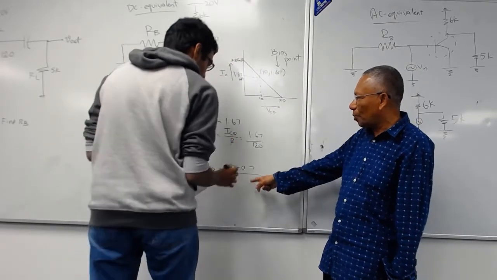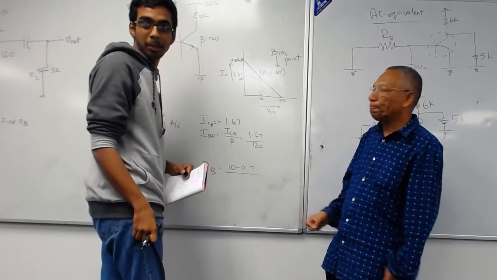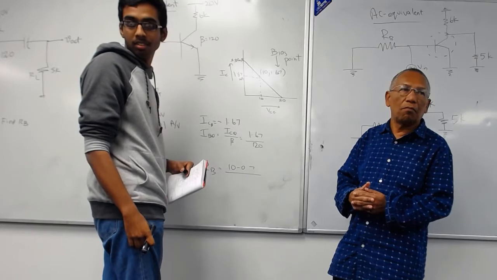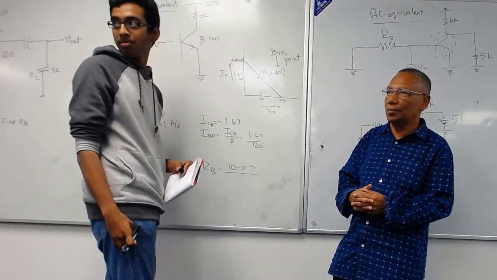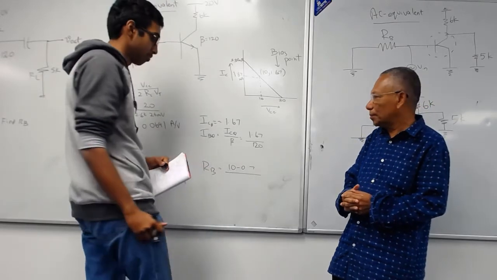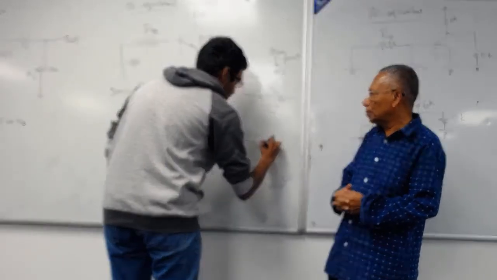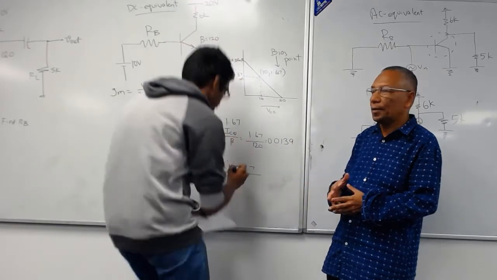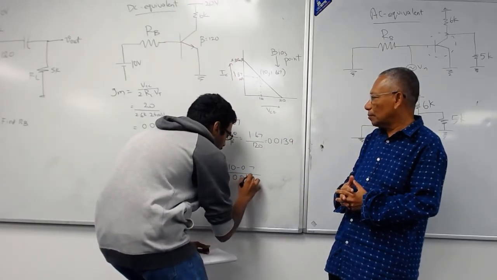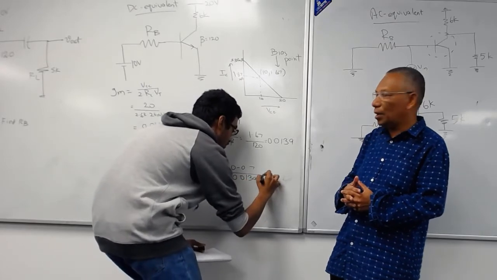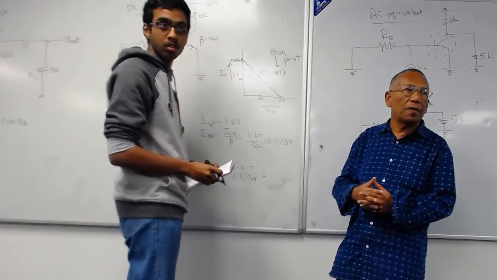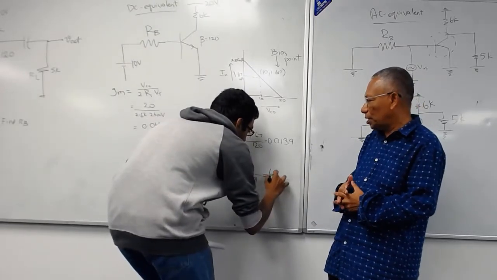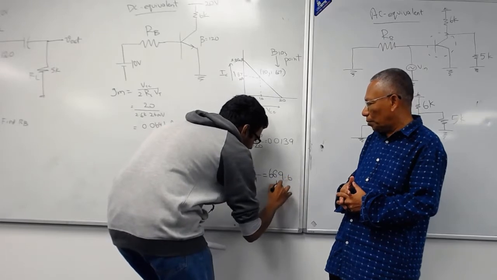How much? 0.0139. Put it here. So how much is RB? RB is 669.6, 669.6 kilo.